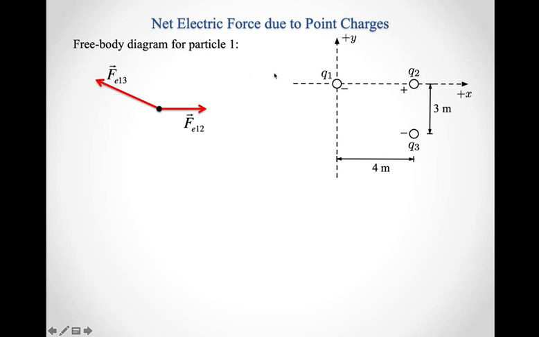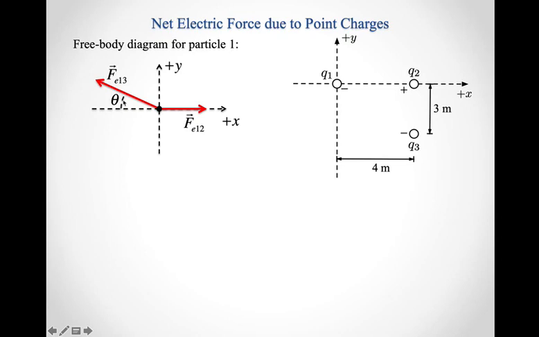Now that I know what my two vectors are, I can pick a coordinate system and then break them up into components so I can add them together. Because the electric force between particles has to lie along the line that connects them, I know that the electric force between particles 1 and 2 has to lie along the x-axis, and the electric force between particles 1 and 3 has to make this angle theta with the x-axis.